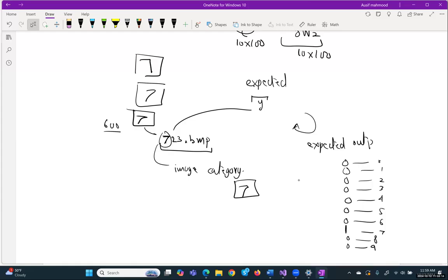So the 10 by 1 output that we are creating only will have 1 in the position which corresponds to our input, in this example, 7, right?